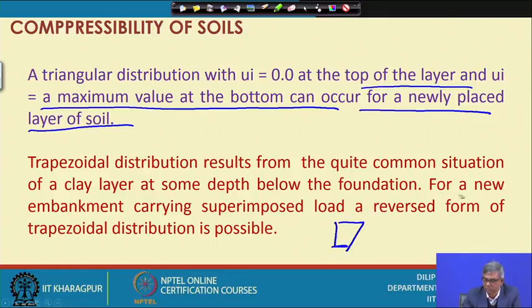And just the reverse for a new embankment carrying a superimposed load, a reverse form of trapezoidal can be seen. Okay. So, this pore pressure distribution, whatever we could visualize, will be useful to analyze later on.